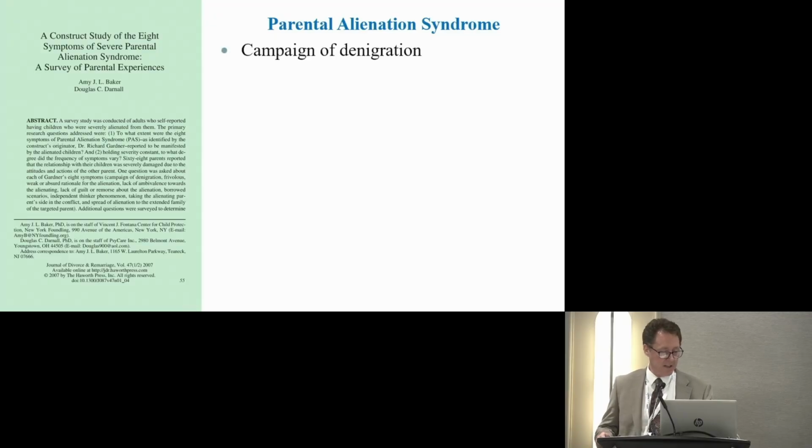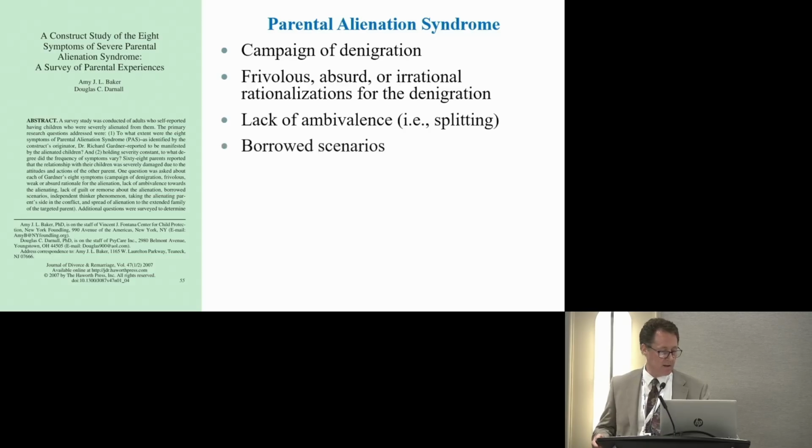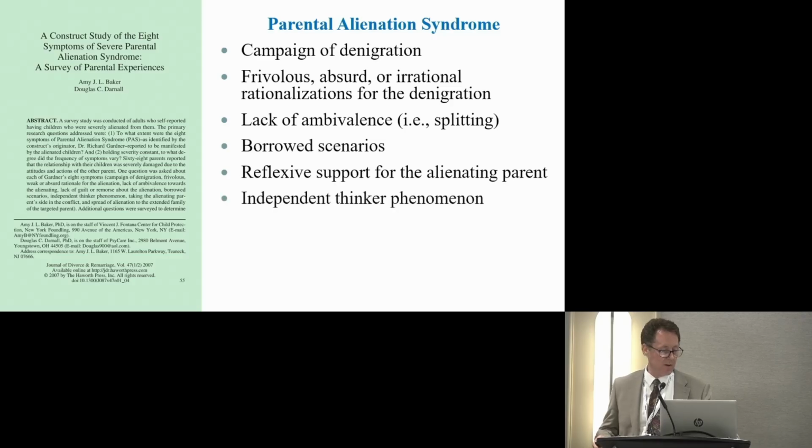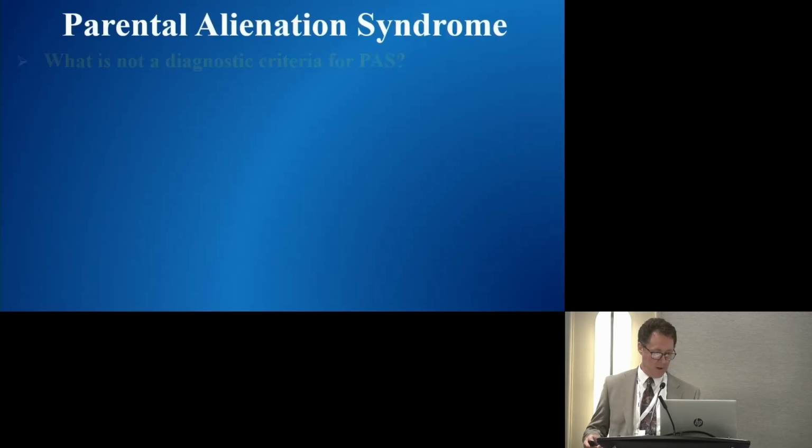And he listed 8 symptoms: campaign of denigration, frivolous rationalizations, lack of ambivalence, which we recognize now as splitting, borrowed scenarios, reflex of support for the alienating parent, independent thinker phenomenon, absence of guilt, spread of animosity. Those are the 8 symptoms, the cluster of symptoms, which Dr. Gardner defined as parental alienation syndrome.